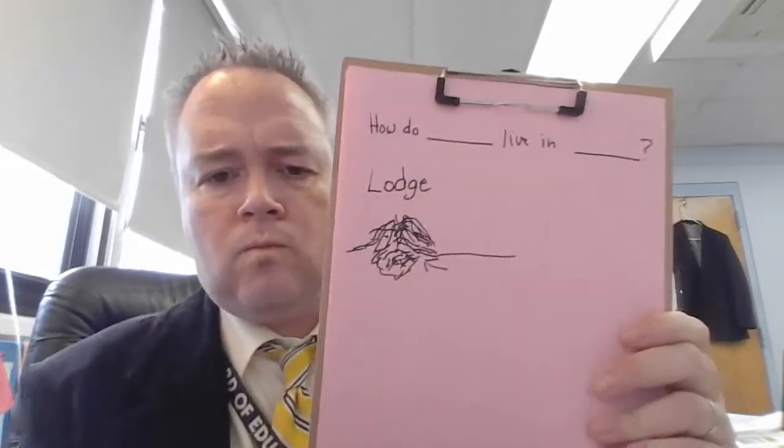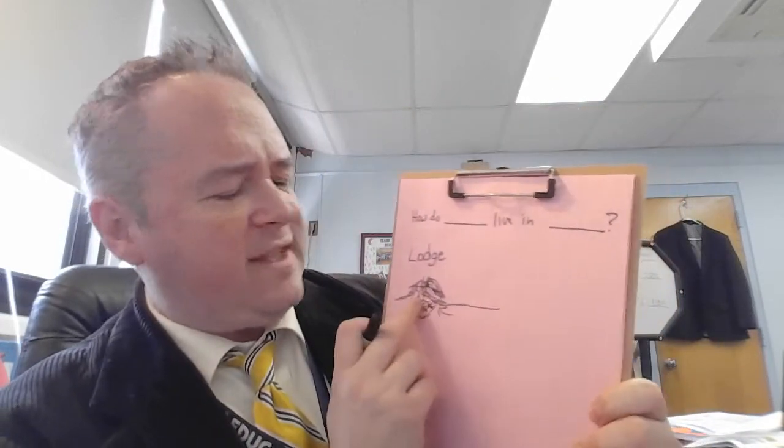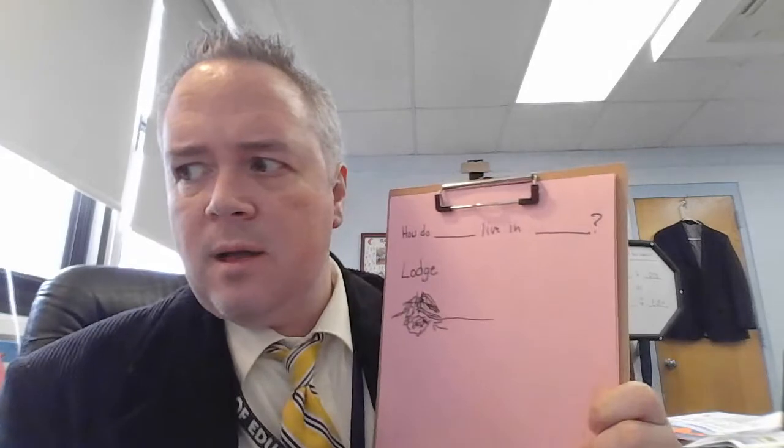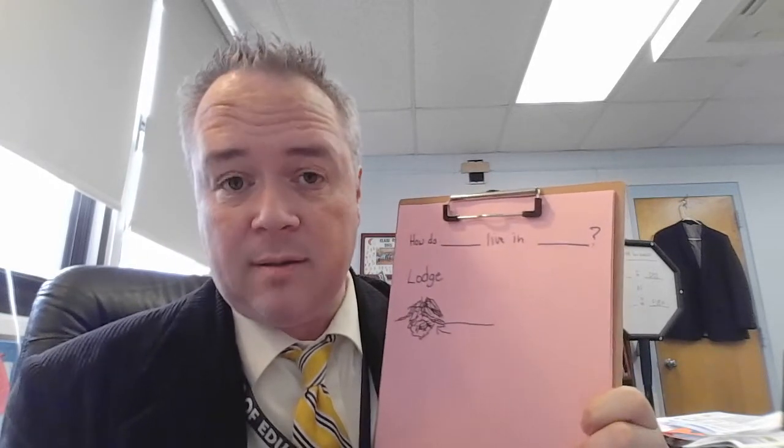Now I'm going to think about it. I'm going to study my jotting and my sketching, and I'm going to think about what it teaches me about what I just sketched and jotted. Ready? Here we go. Let's think about it. So this lodge is really made of sticks. I was thinking, well, that makes sense because that's what a beaver has.